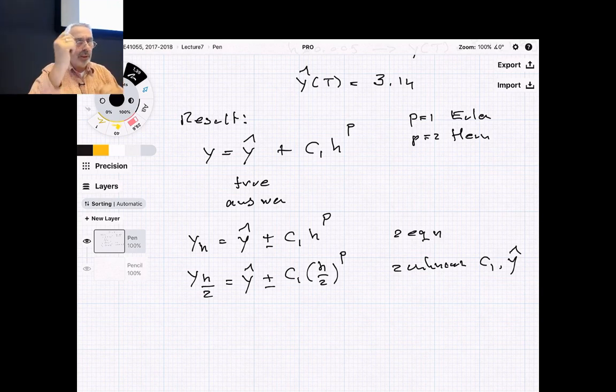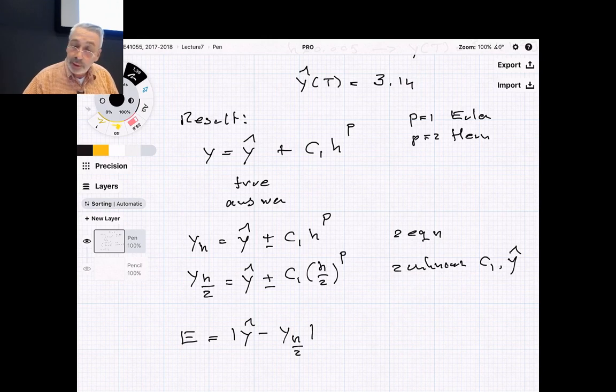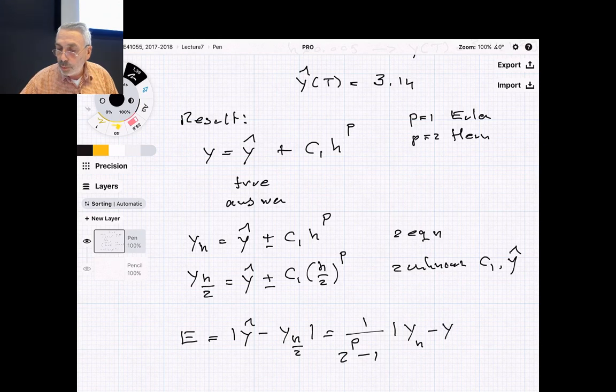So here we have to fiddle a little bit with the plus and minus, but still you can solve it. Apparently the error I make can be estimated: the true answer minus the result from h over 2, the last result, is bounded by 1 over 2 to the power p minus 1 times the absolute value of y_h minus y_h over 2.